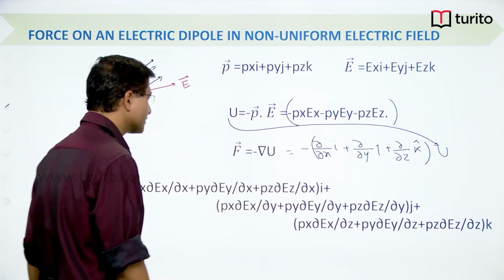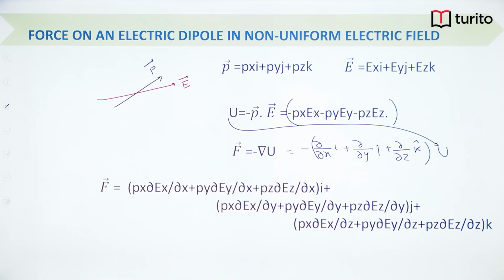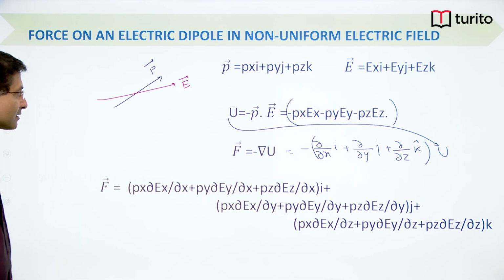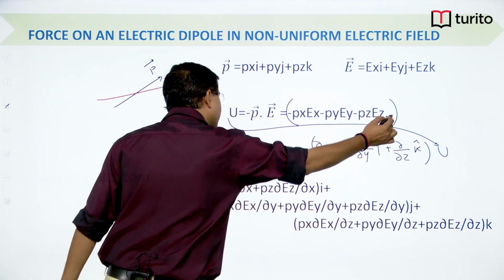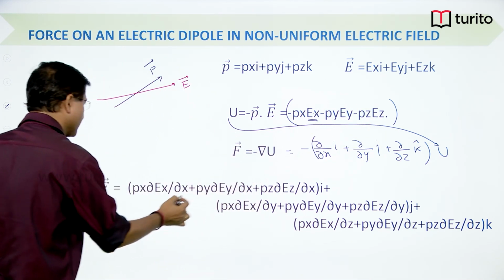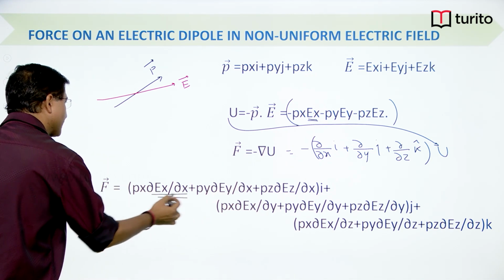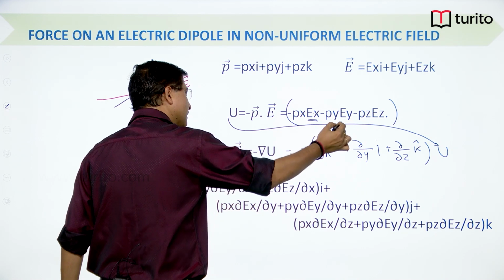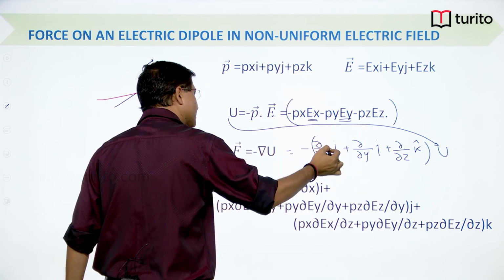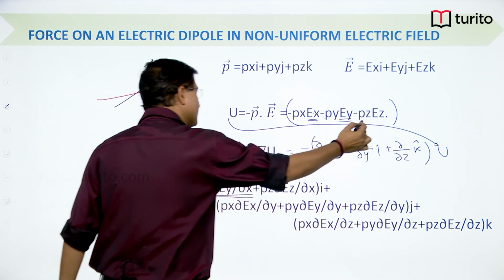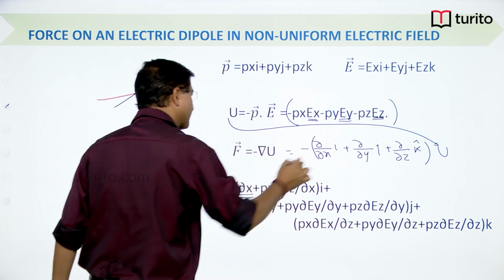Let us see the expression first. If the field is non-uniform, the field will be changing with x. So the whole expression gets a partial derivative with respect to x, then the next term, this term here, partial differentiation with respect to x, and then this one with respect to x only.